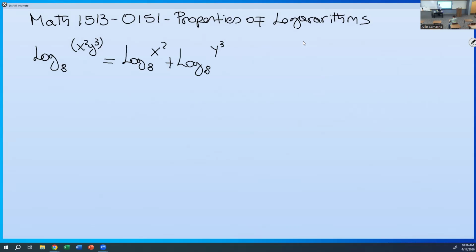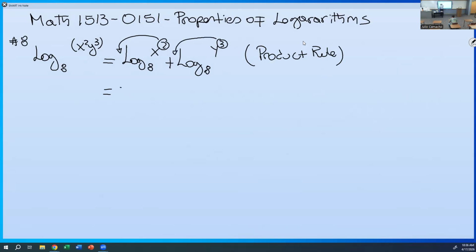And that is the product rule. That is example number 8. And then I will use the power rule to move these exponents to the front. So I will need to move this 2 to the front, and this 3 also to the front.